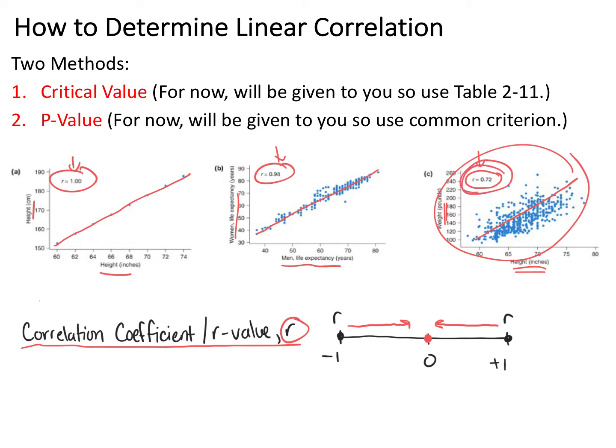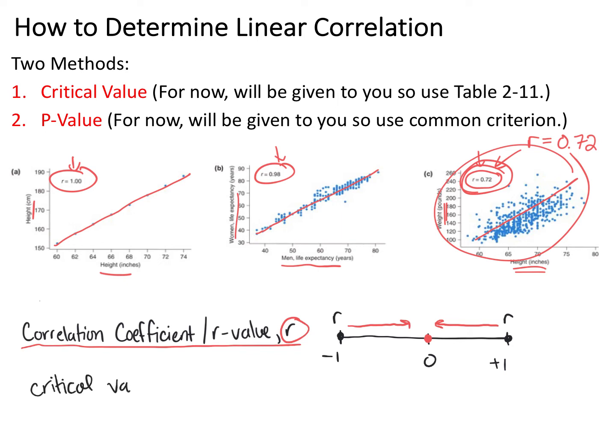So there has to be a way for us to ask ourselves, if you have a correlation coefficient of, let's say, for example, 0.72, is that still strong enough, or does it have to be a number higher than that? So there has to be cutoff lines, and how we determine those cutoff lines is what we call critical values.